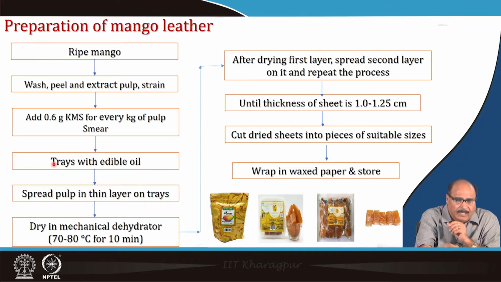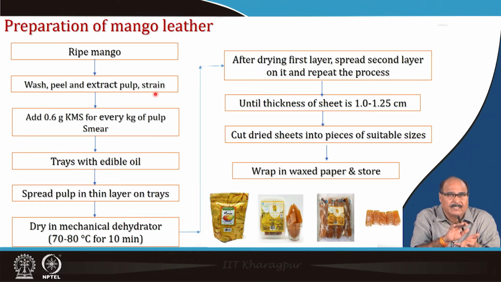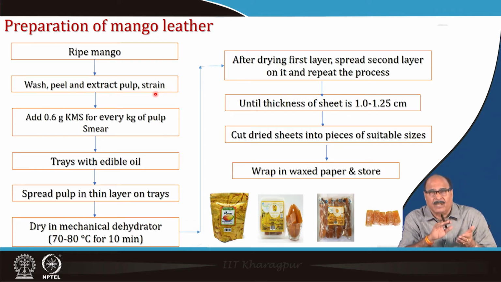Similarly, this is mango leather, the preparation of mango leather. Take ripe mango, wash, peel, extract the pulp and strain it, add 0.6 gram potassium metabisulfite for every kg of pulp, and mix it properly. Then smear the trays with edible oil and spread the pulp in a thin layer on the trays. Dry in a mechanical dehydrator at 70 to 80 degrees Celsius for 10 minutes.